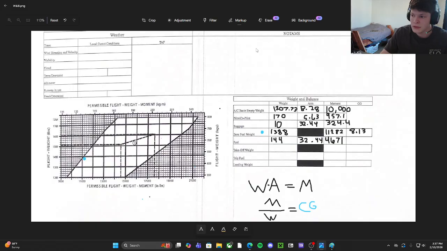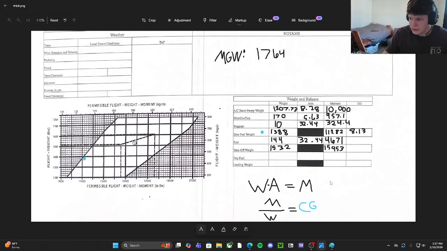So I know in the DA20 the typical max gross weight is 1764. So I'm just going to say that right there. If I do 1388 plus 144, I get 1532. And then 11,282 plus 4671 is 15,953.